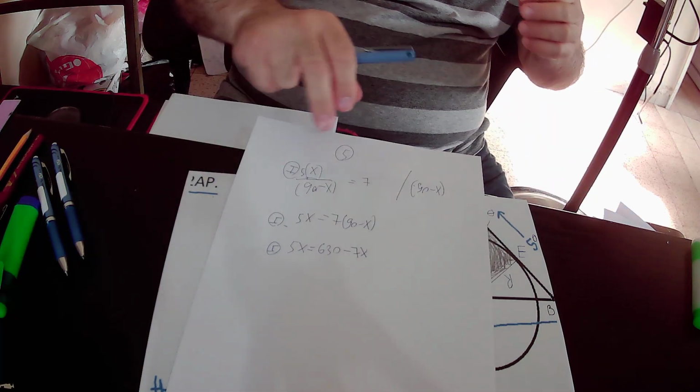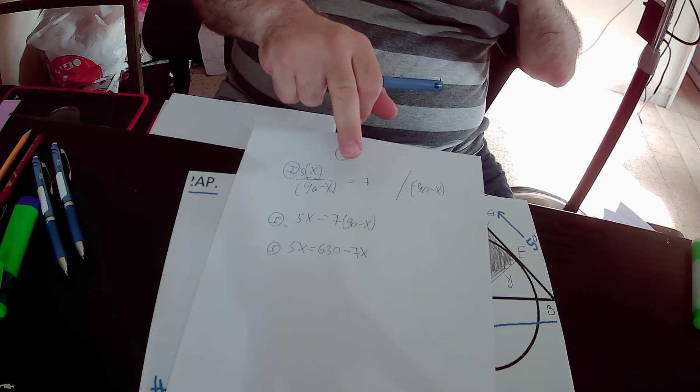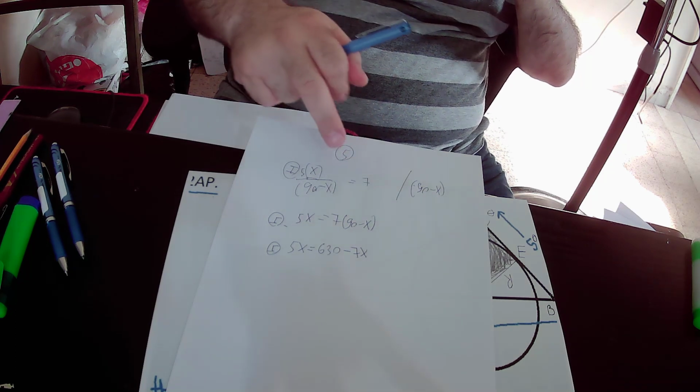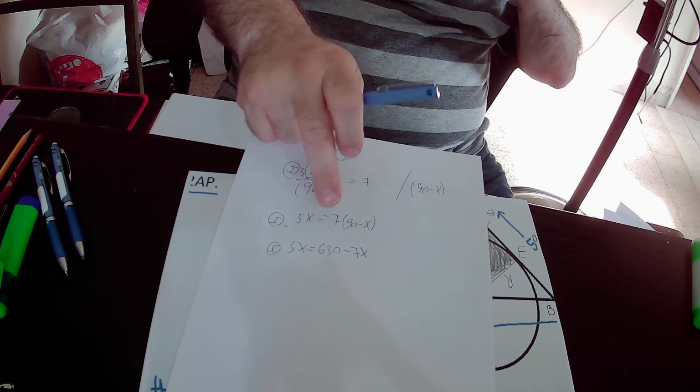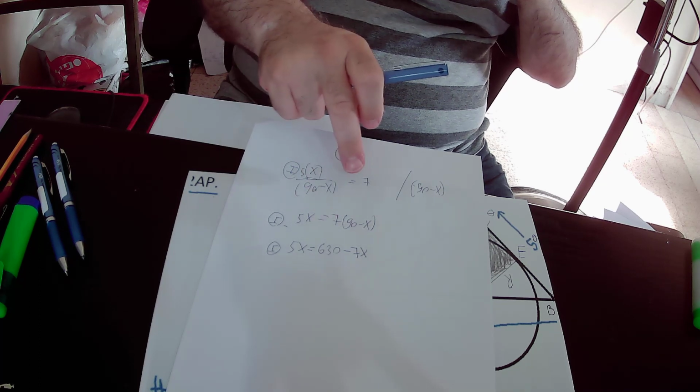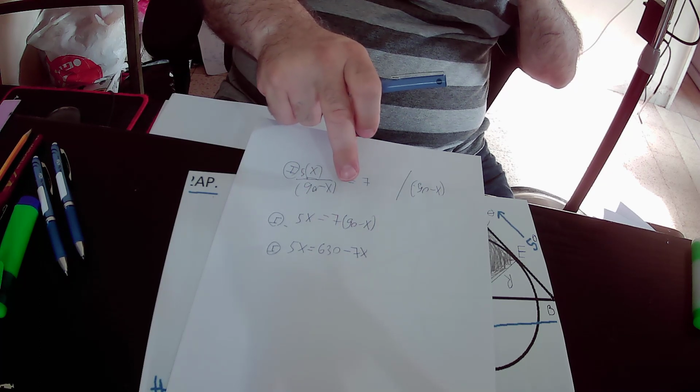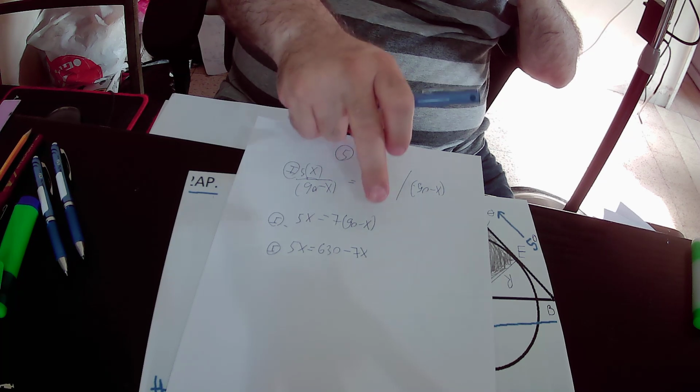After we open the brackets, we got that 7 times 90 equals 630, and 7 times minus x equals minus 7x.